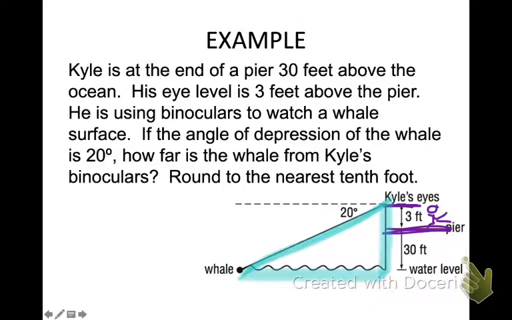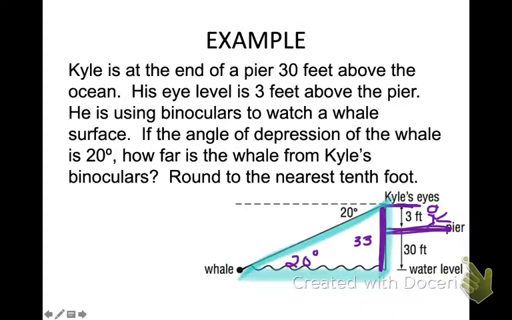So if he's looking down 20 degrees, and we envision the whale looking up at Kyle at his binoculars, he would be looking up at 20 degrees. So I'm going to put my 20 degrees down there as my reference angle. The opposite of that reference angle is 3 plus 30, so 33 feet.